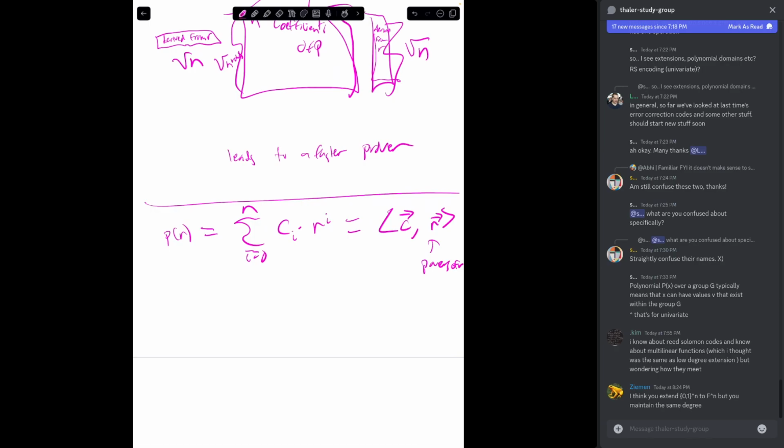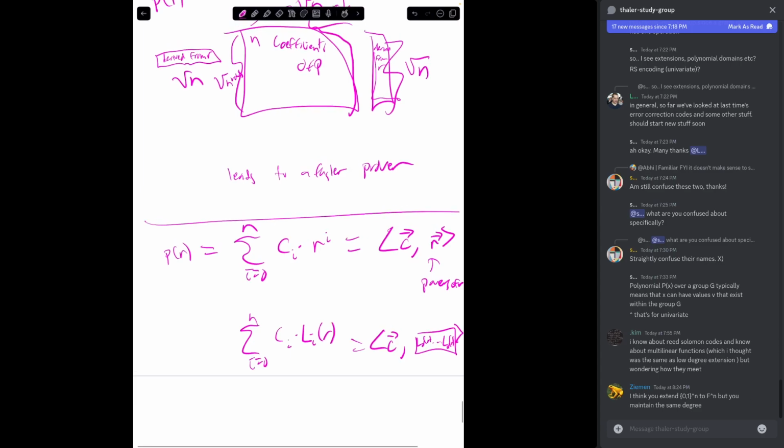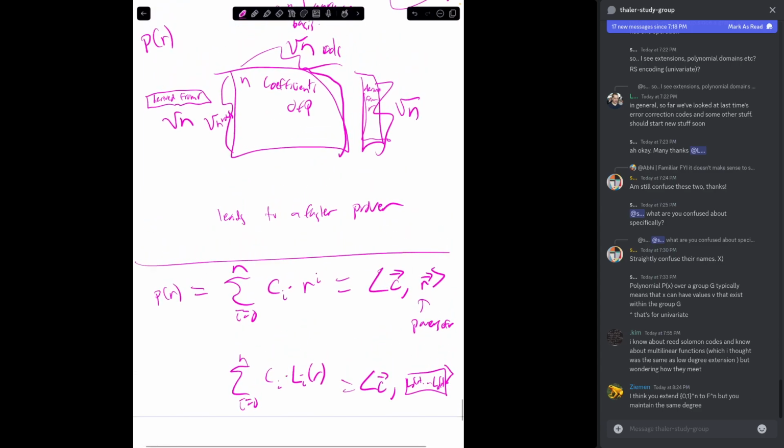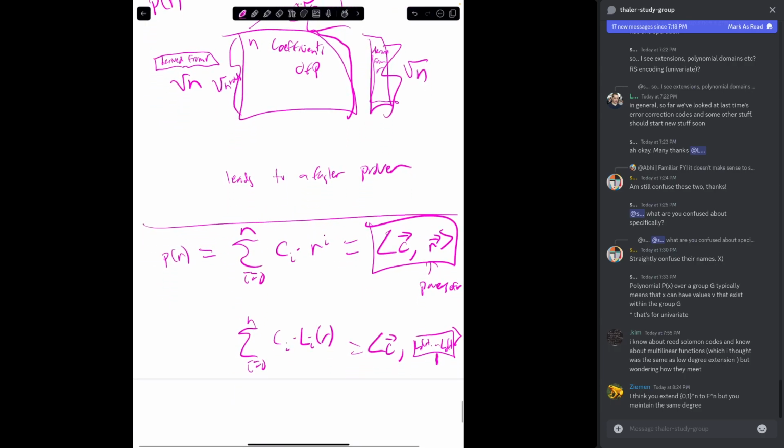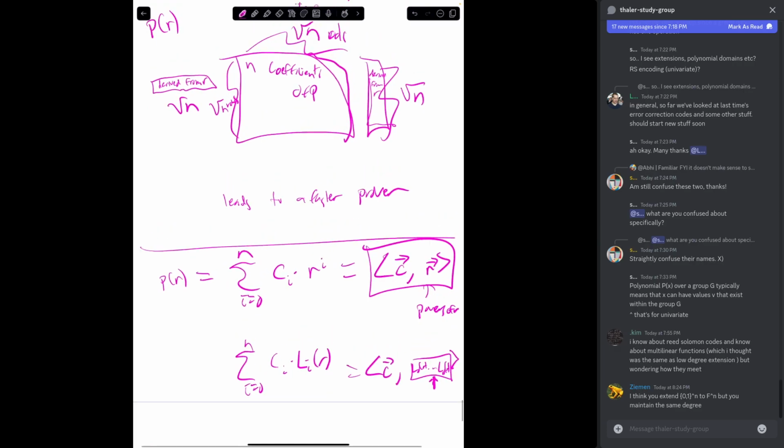And in the Lagrange basis, it would be the vector of all Lagrange basis polynomials evaluated at R. Anyway, so it's always an inner product, but in certain cases, the multilinear Lagrange basis and the univariate monomial basis being the two main cases, this second vector has extra structure.